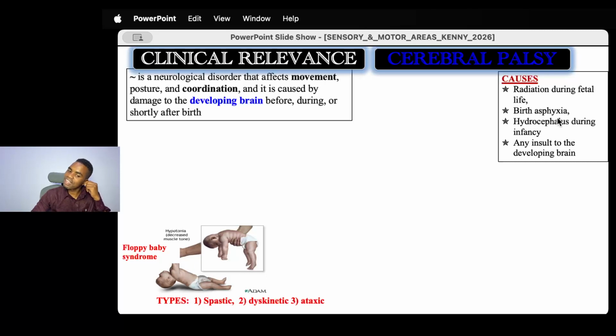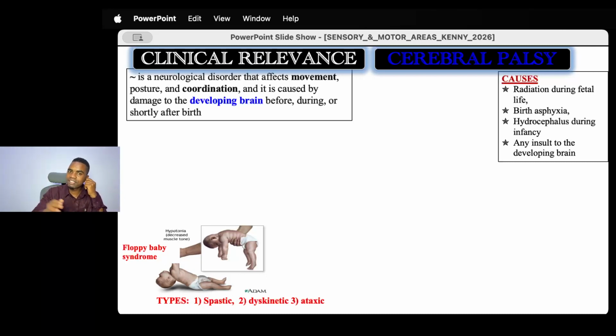Birth asphyxia, which is a lack of oxygen during birth, can result in ischemic damage to the brain, and so it can result in cerebral palsy. Remember, anything that is potentially causing damage to the developing brain can result in cerebral palsy. And remember, the brain is fully grown at the age of 7 years.